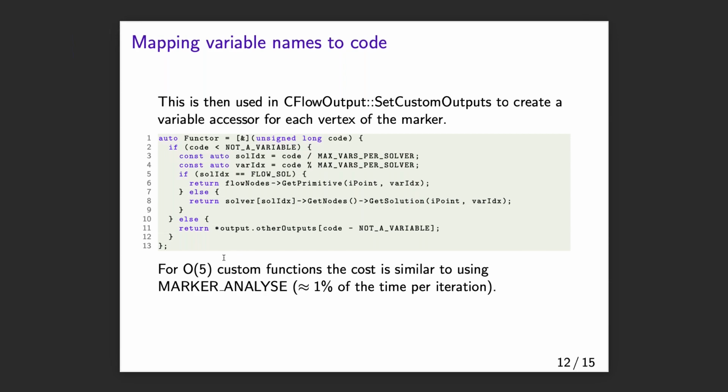And so in the end, this is fairly efficient. For a handful of custom functions, the cost of this is similar to using marker analyze, which is about 1% of the time per iteration. So actually the major inefficiency is not the expressions.